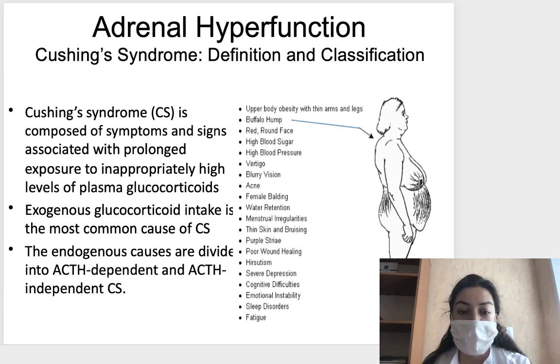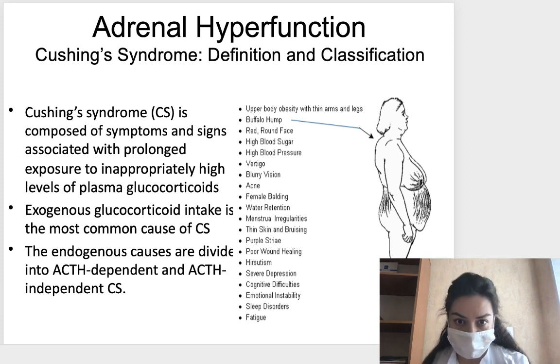The endogenous causes are divided into ACTH-dependent and ACTH-independent Cushing's syndrome. And here by this scheme you see the most usual manifestations of Cushing's syndrome. It is upper body obesity with thin arms and legs. It is buffalo hump, you see it by the arrow.